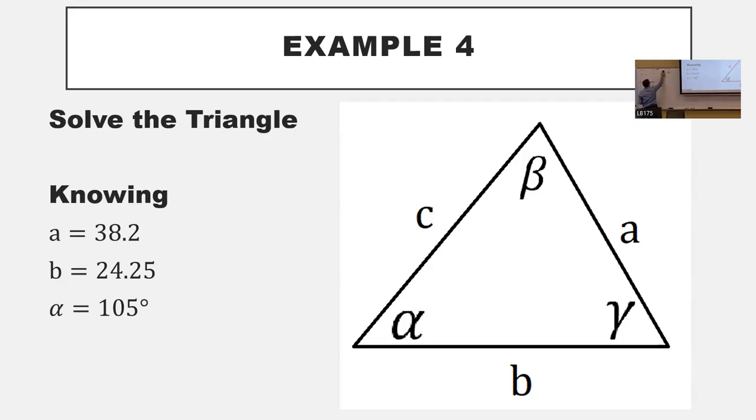In this particular case, we'll do that. So let's say I know that the value of A is 38.2, the value of B is 24.25, and alpha is 105 degrees.